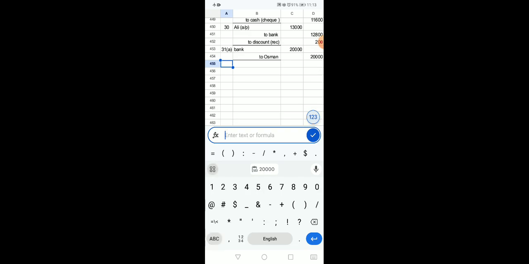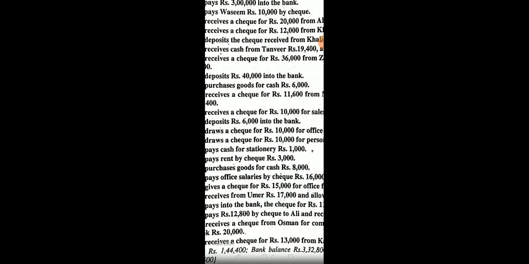Now let's see what 31B is saying. 31B is saying he receives a check for rupees 13,000 from Kareem. It's important for you, whenever you receive a check and that check has not been deposited into the bank, common sense would let you know that the bank should not be mentioned.